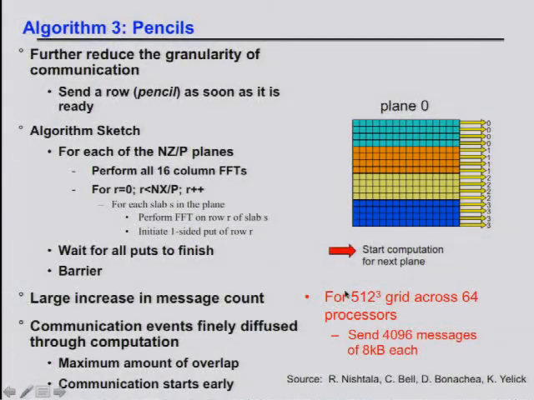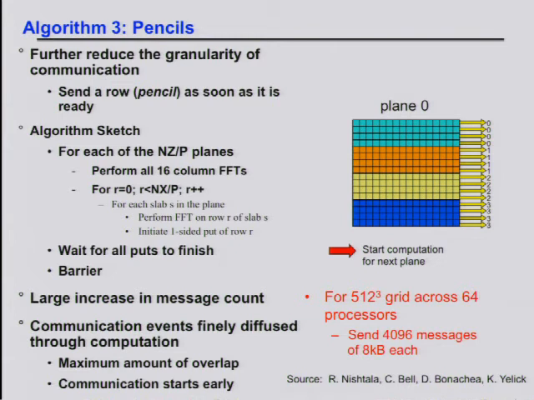And then I do it for the next plane. Okay, so now if I go back and ask how much I have actually done here for my 512 by 512 by 512 grid, I've sent a heck of a lot more messages, 4,000 messages, but they're pretty tiny. But this was a sweet spot, remember? 8K was a pretty good size for GASNet. It got pretty much half a full machine bandwidth.